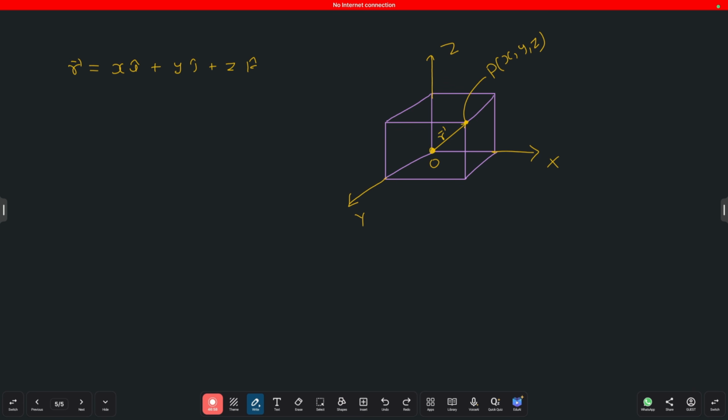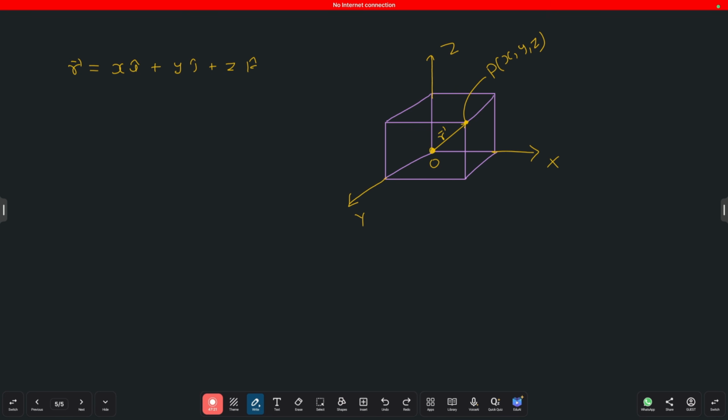Now here is the required thing: point P in the space. What is the meaning of x, y, and z? X means you are going x steps along the x-axis, then y steps along the y-axis, and then z steps along the z-axis height.